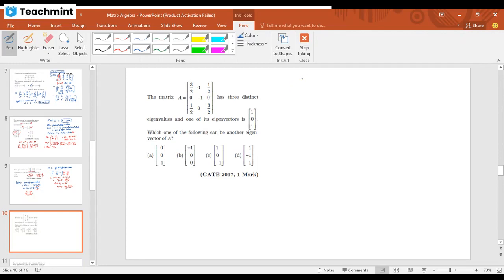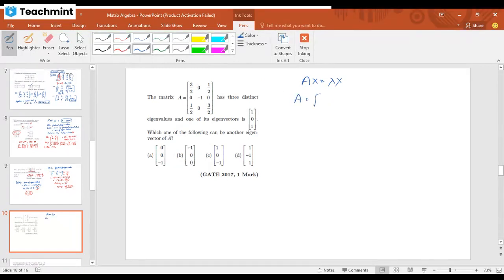One is we can use the property that Ax is equal to lambda x. And the second is, if you just look at this matrix, you can see that it is a symmetric matrix. What is A?